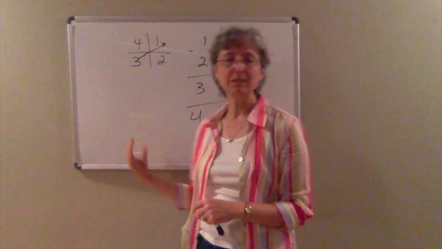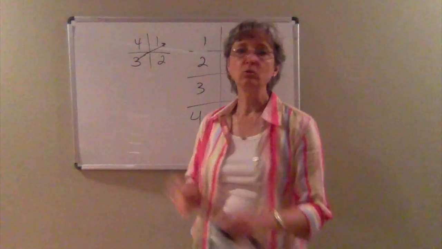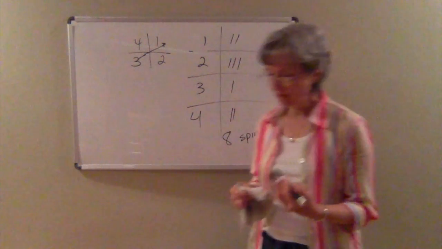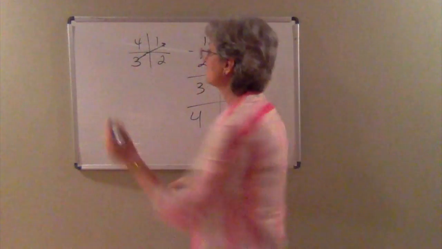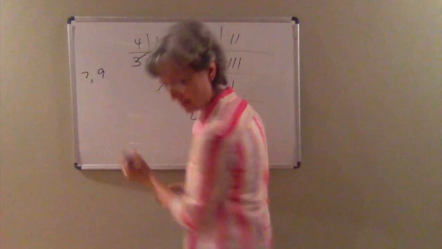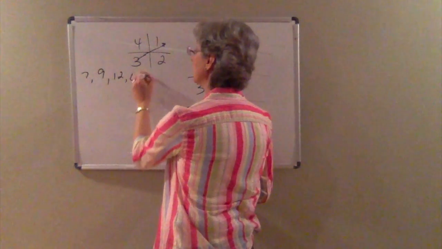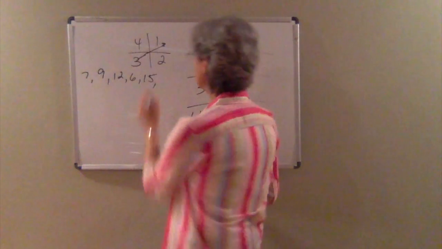So you should repeat this simulation several times, or have a whole group do it and then compile all your results. So let's say you did it, and these were all the ones you got: 7, 9, 12, 6, 15. I mean, you got a lot of different results each time you did this. 5, 8, 10, 7.